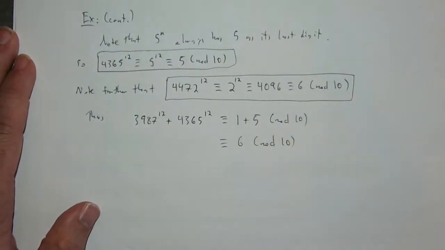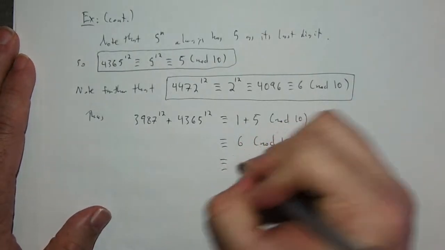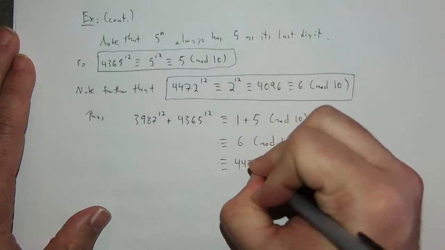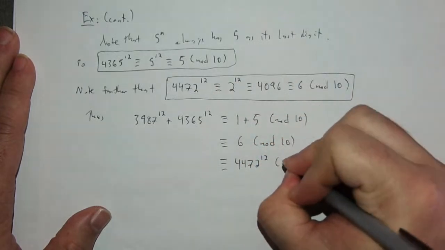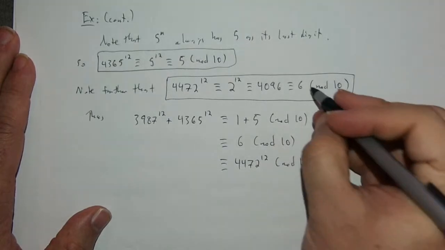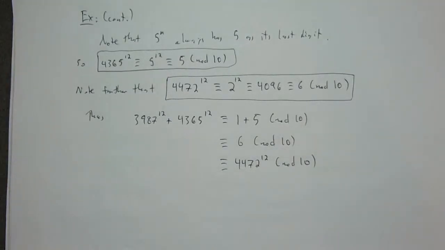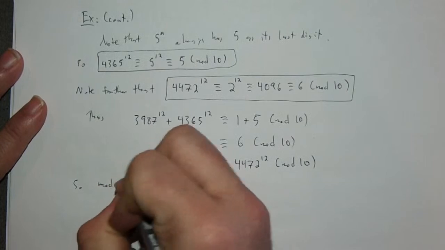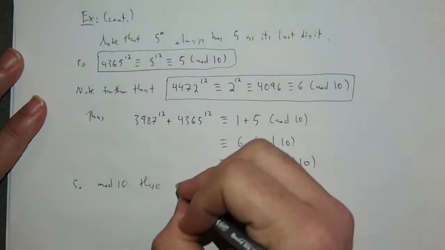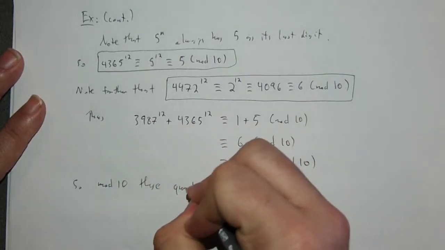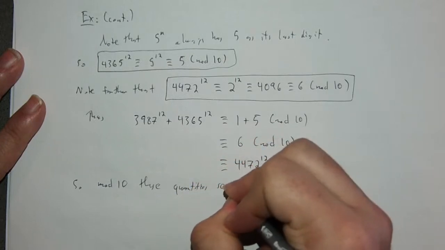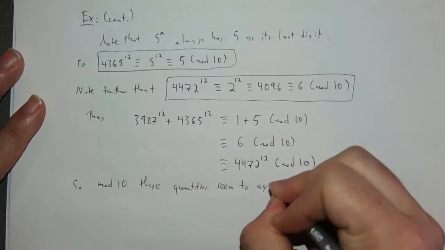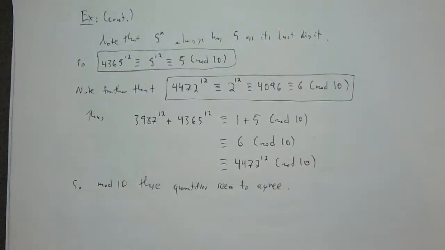But that means that it's congruent to 4,472 to the 12th mod 10, because that's also congruent to 6. So mod 10, these quantities agree.